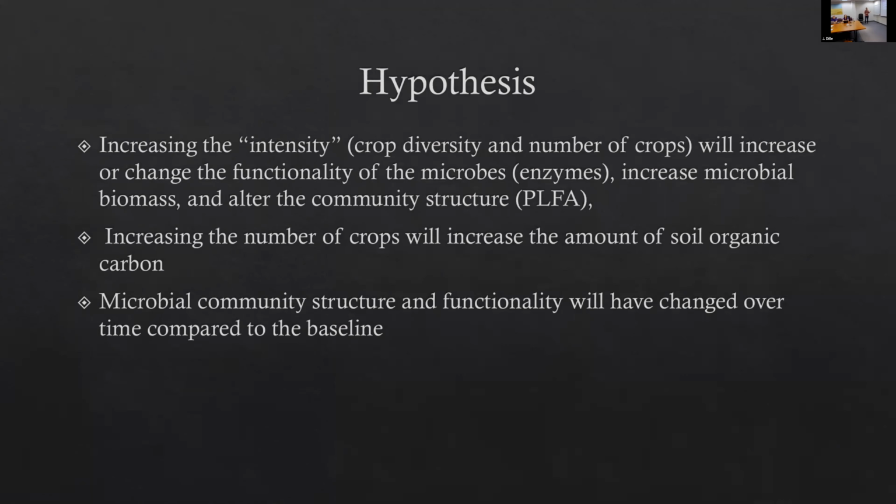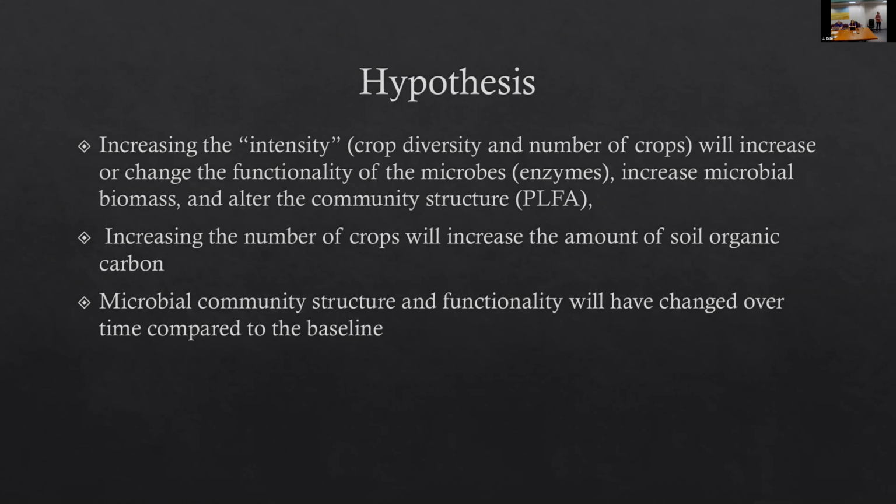So one of the hypotheses is that increasing the intensity, so the crop diversity and number of crops, will increase or change the functionality of the microbes, which we can see in the different levels of the enzymes, which allow us to see basically what the microbes are doing, and then might increase microbial biomass, which we'll see in the PLFA, and alter the community structure.